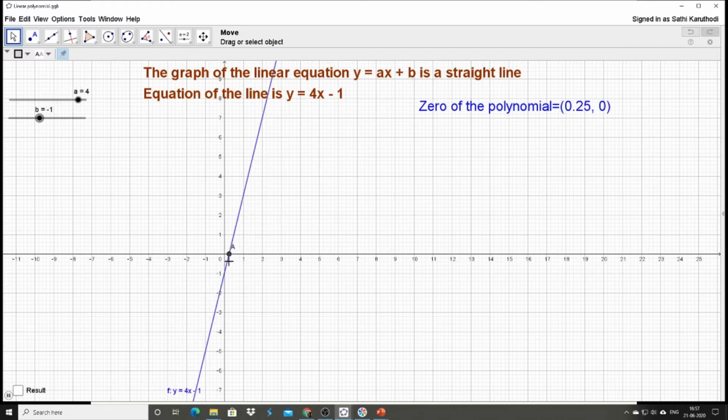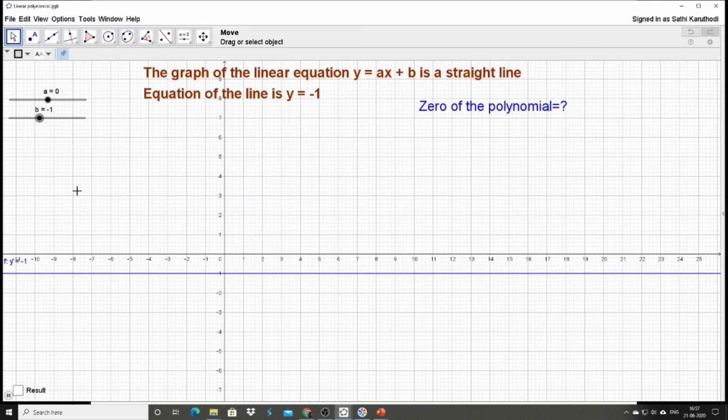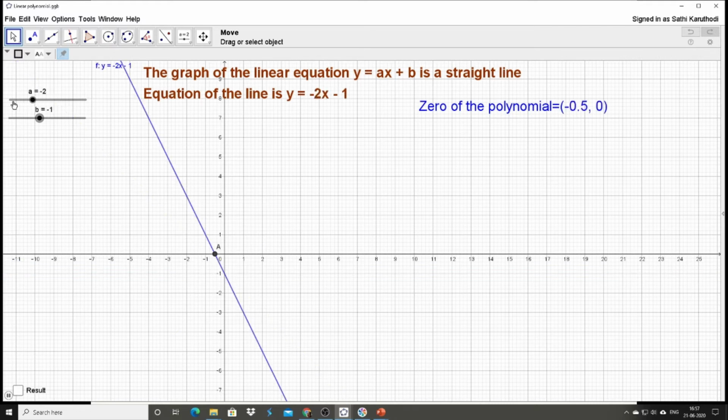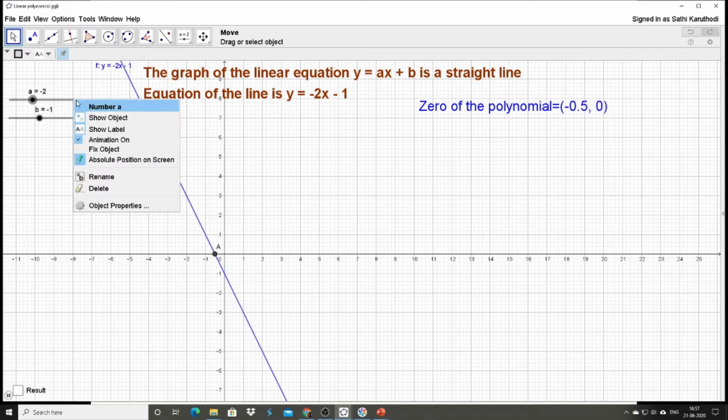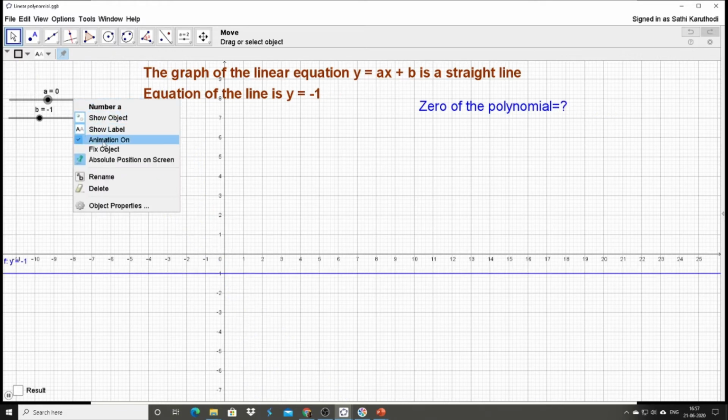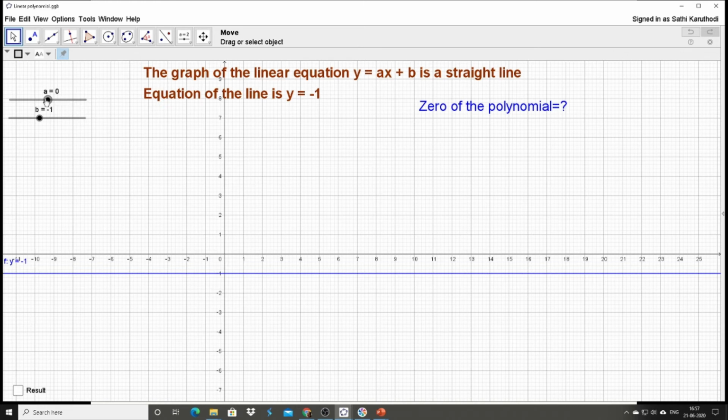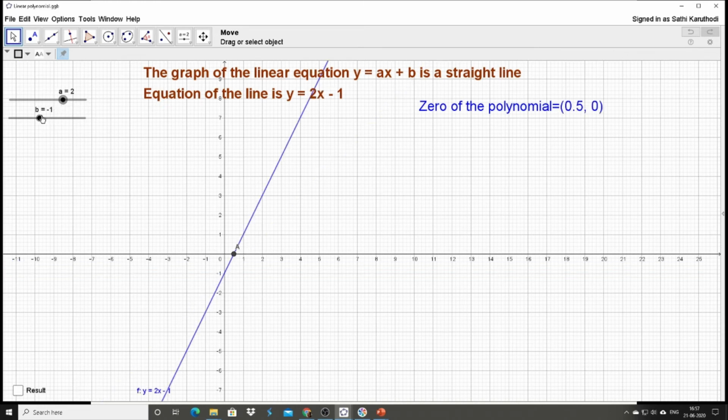Every time we can observe that the graph intersects the x-axis except at a equal to 0. When a is equal to 0, we have ruled out that condition, as it is not a linear equation. Now we will give different values for b.